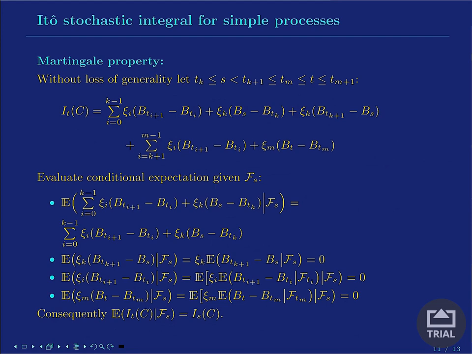So all these terms also vanish, and finally, same argument. If we are interested in the conditional mean of this part, we can simply replace, by the law of iterated expectation, the conditional expectation by the conditional expectation of the conditional expectation of this here given time tm. Then these two parts become known, while this increment again is independent of the information that we have, and its mean becomes 0.